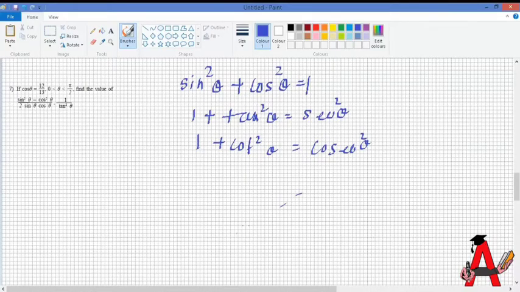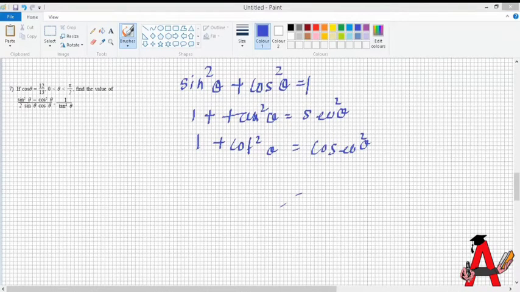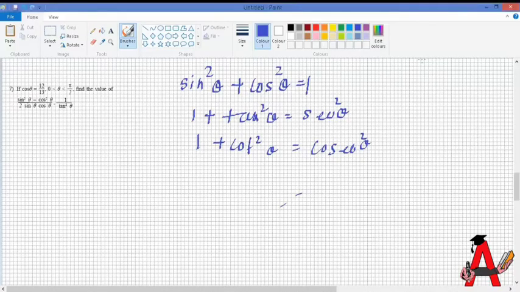These are the three identities we had considered. Recap the identities you have studied in the previous chapter, because you want to use them in this type of question. These are the three identities we should remember.